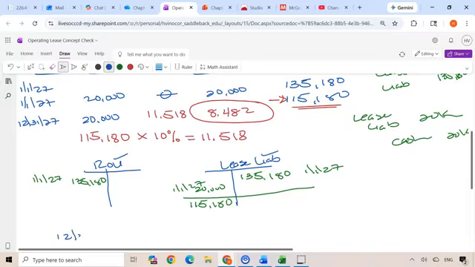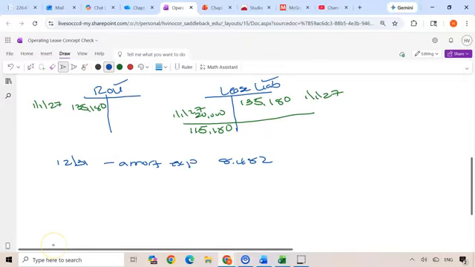On 12/31, I'm going to have a debit to my amortization expense for the $8,482, and I'm going to credit my right-of-use asset for $8,482. So let me put this credit right here.